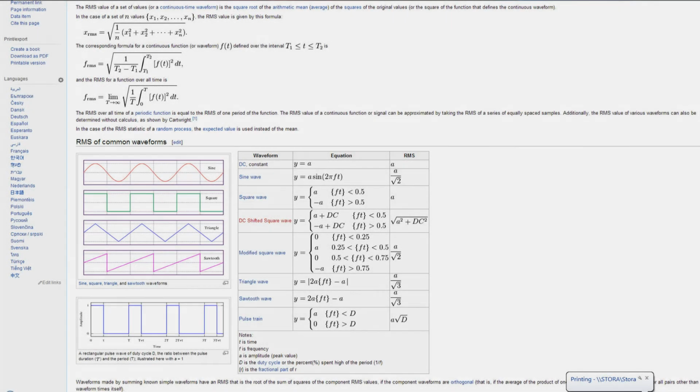For the systems we are talking about with alternating current, we have to deal with RMS, which is a root mean square definition. As you can see here, the formulas for each waveform are different and very complex. We have to talk about two values. One value is for voltage, the potential, and the second value is for the current.